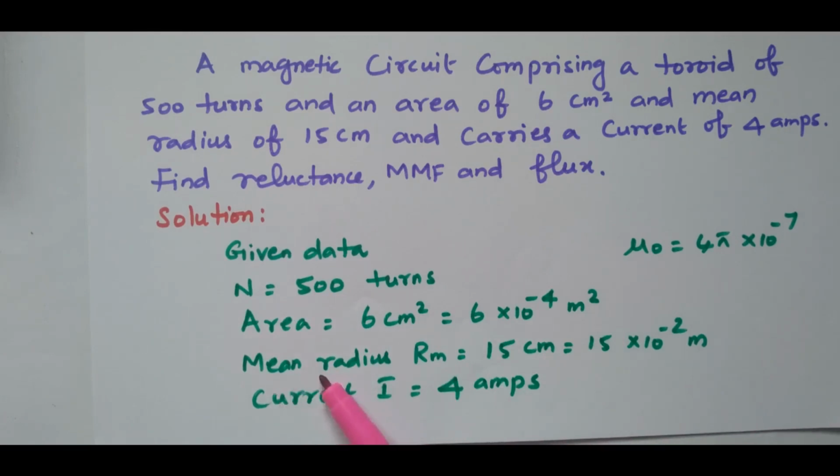The mean radius, rm, 15 centimeter, that is 15 into 10 to the power minus 2 meter. The current is also given as 4 ampere. So these are all the given data. This mu naught is constant, 4 pi into 10 to the power minus 7. We need to calculate the value of reluctance, mmf and flux. We'll see these values one by one.